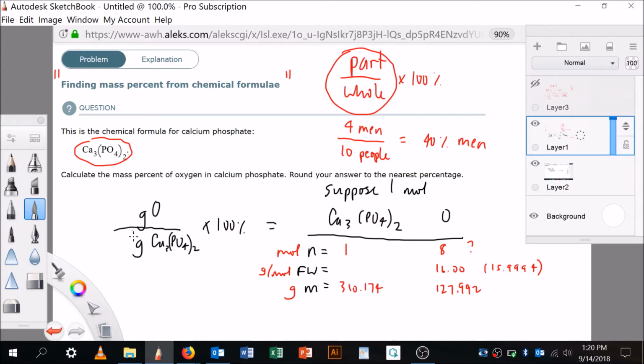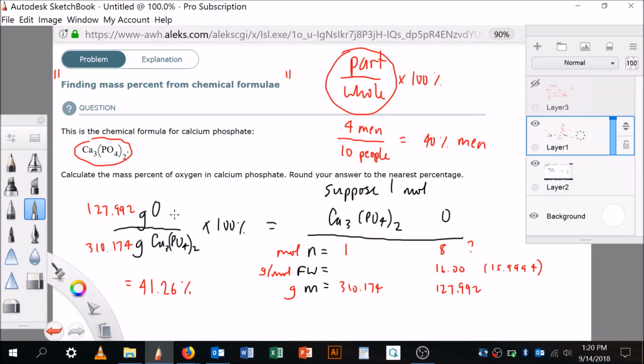So my grams of oxygen is going to be 127.992, and this is 310.174, and I'm going to divide that. 127.992 divided by 310.174 equals 0.412645, times 100 equals 41.26%.